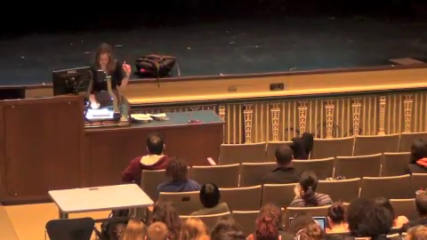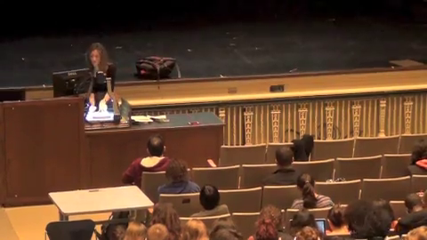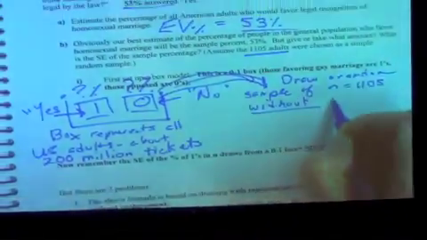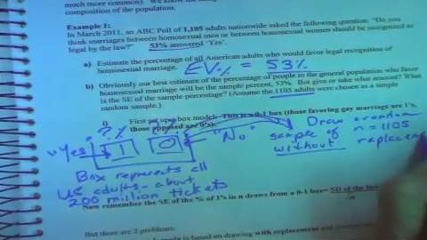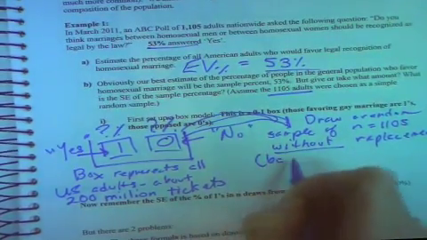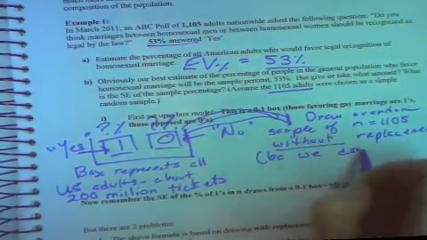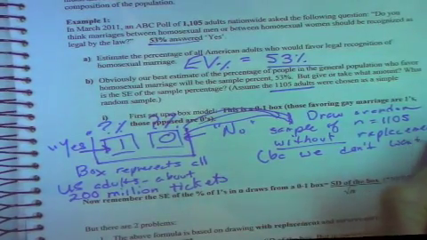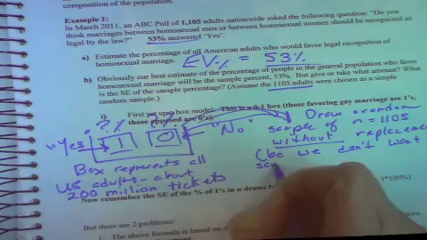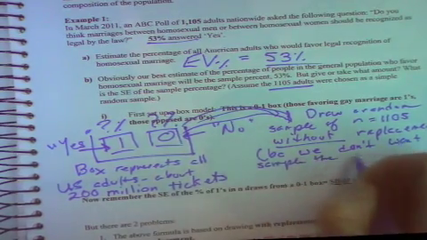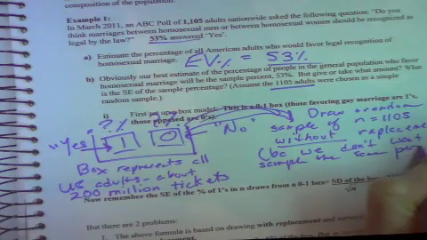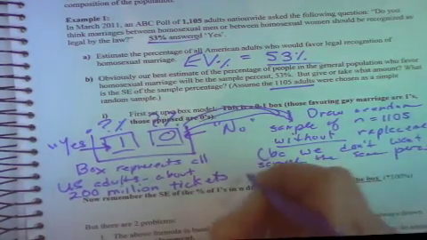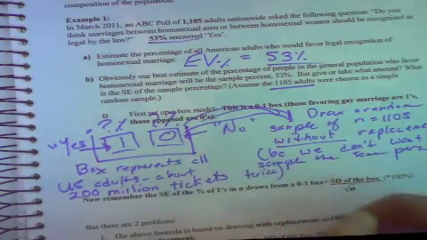So that's 2 differences. This, we don't know what's inside there, and it's without replacement. Always for surveys, because we don't want to sample the same person twice. Okay, so it's without replacement.